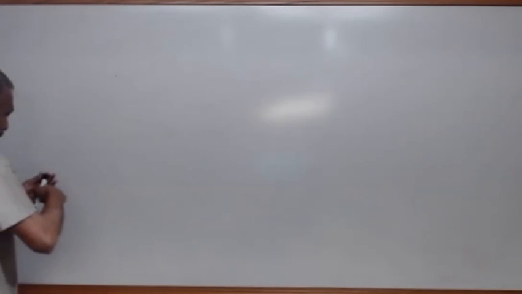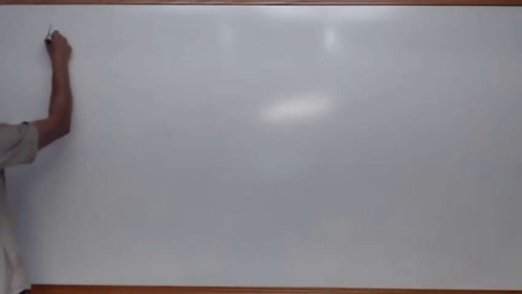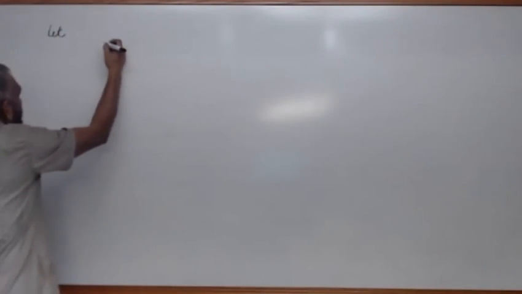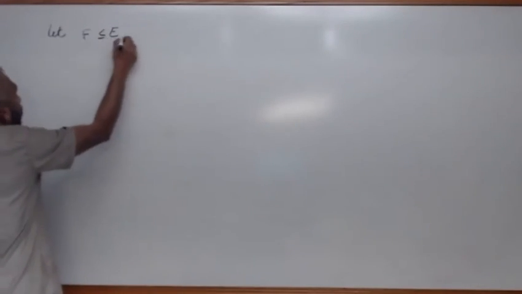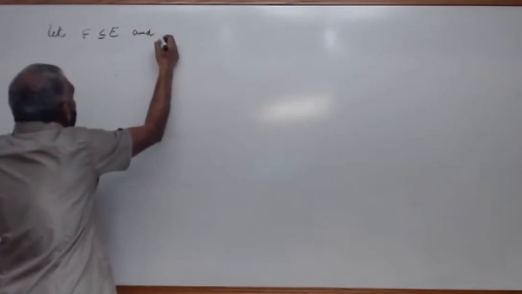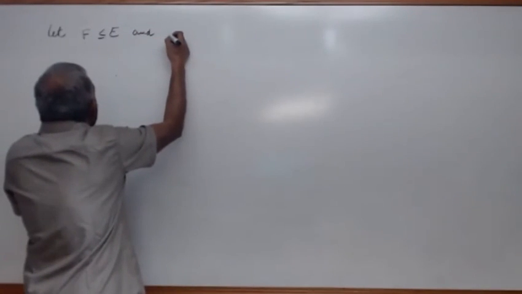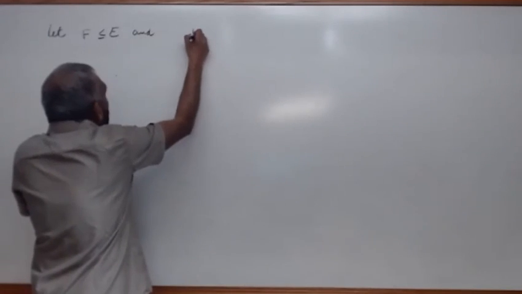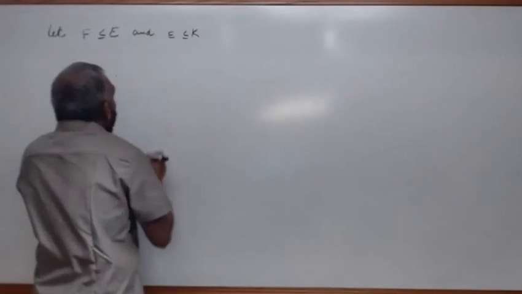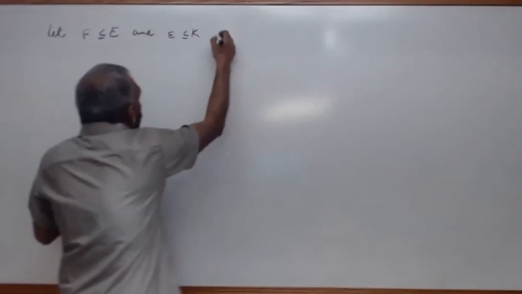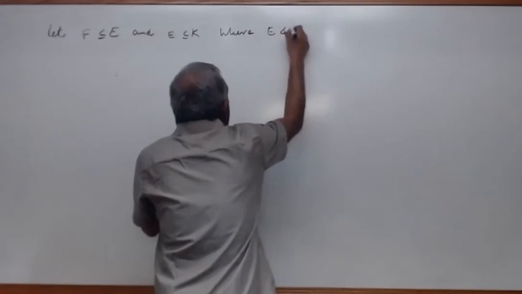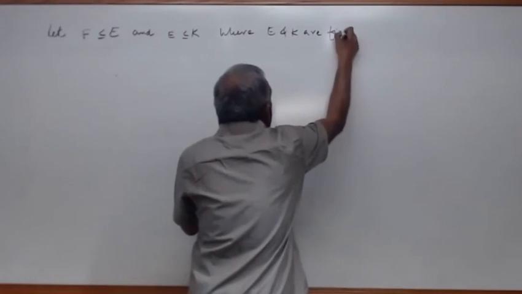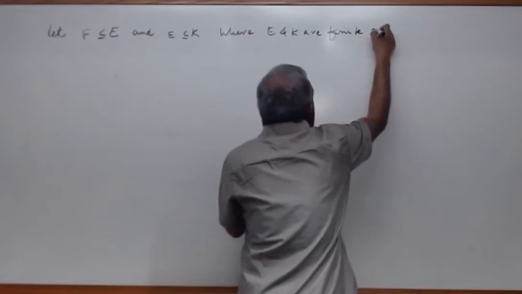Now let us take two different extensions. Let E be an extension of F and K be an extension of E, where E and K are finite extensions.